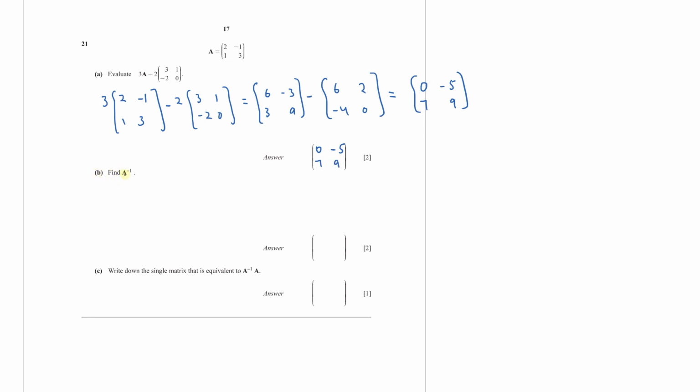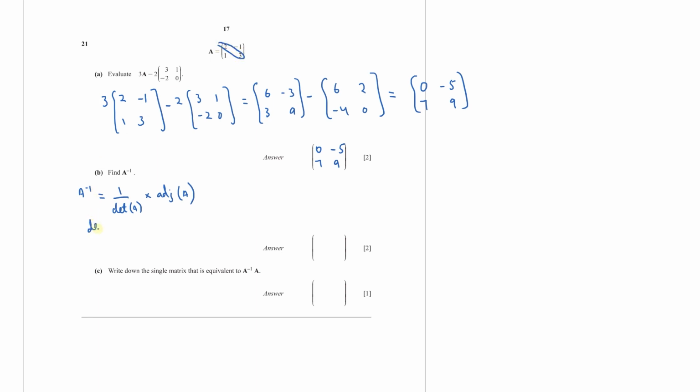Part B is find A inverse. So to find A inverse, you need to calculate the determinant. So A inverse is 1 over the determinant of A multiplied by the adjugate of A. So determinant is given by you multiply these two values.